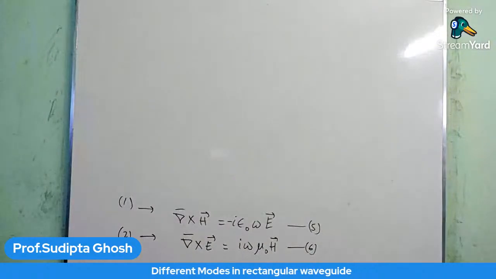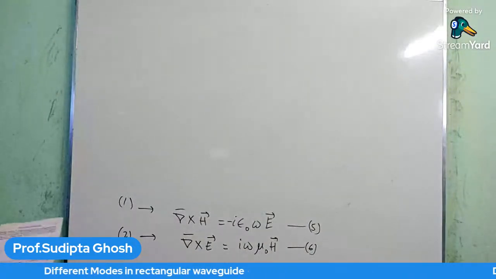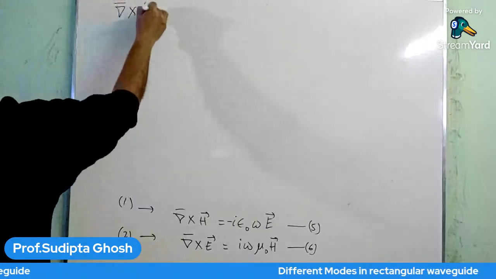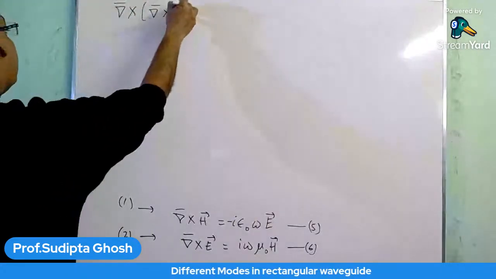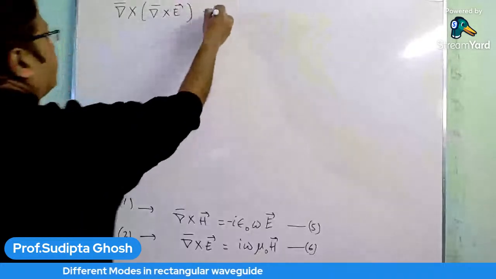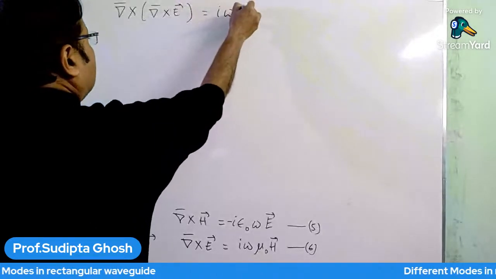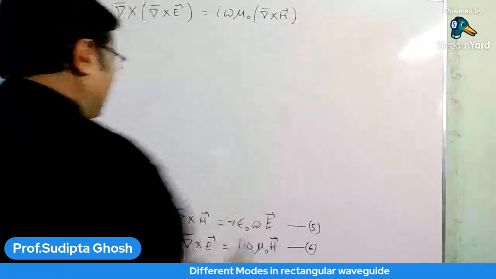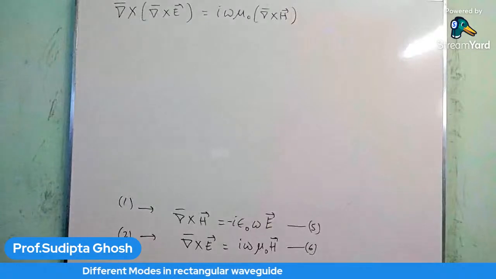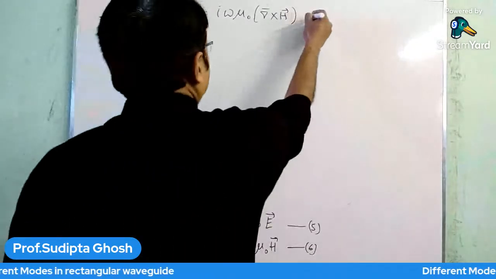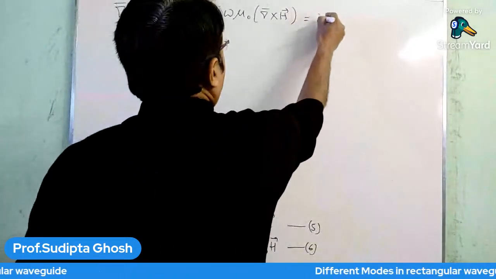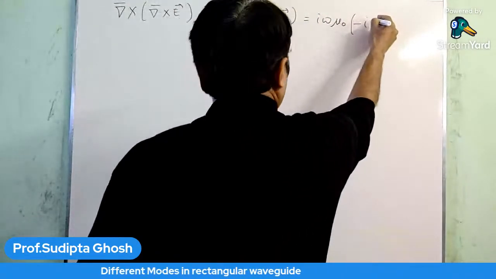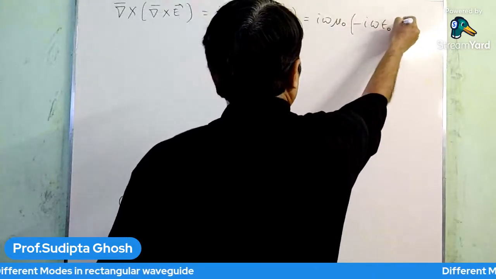So curl of curl E will be I omega mu 0 curl of H. And we have the value of curl of H in equation 5, so let's put this value. That means I omega mu 0 and then minus I omega epsilon 0 E.